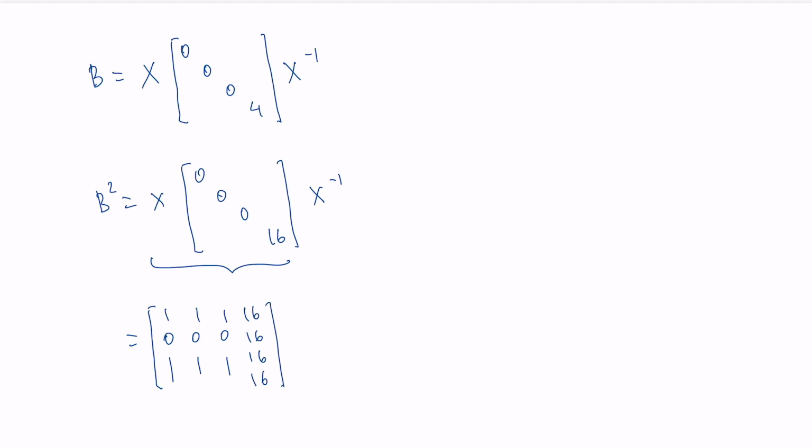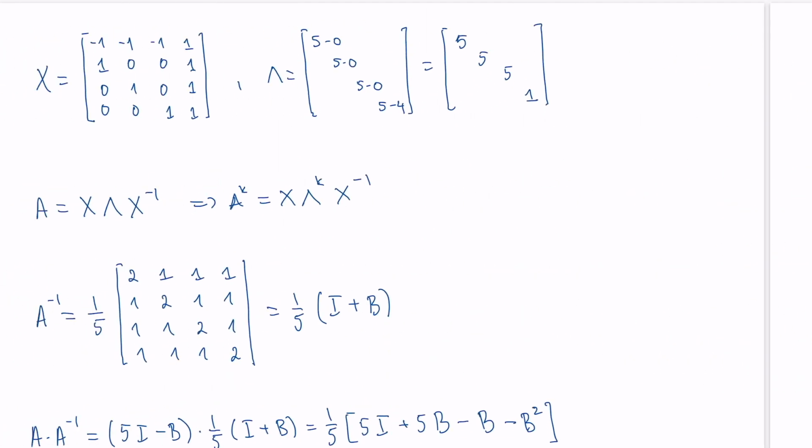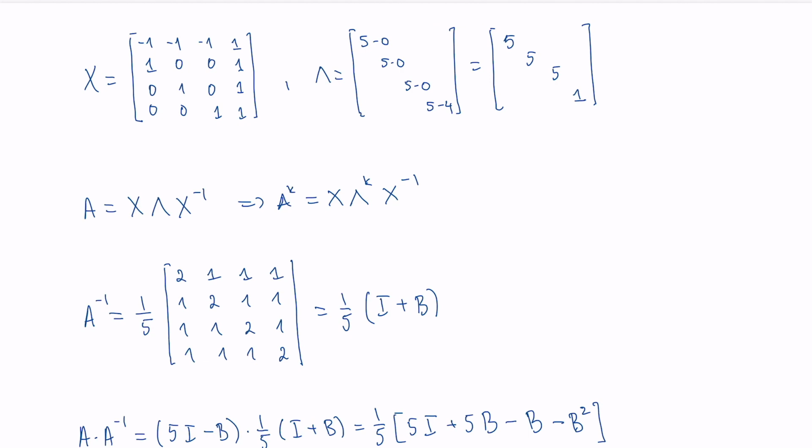And then I need X inverse, which I really don't want to be calculating from over here. It wouldn't be too hard, but it's work to be done. Or maybe there is a better way to do this.